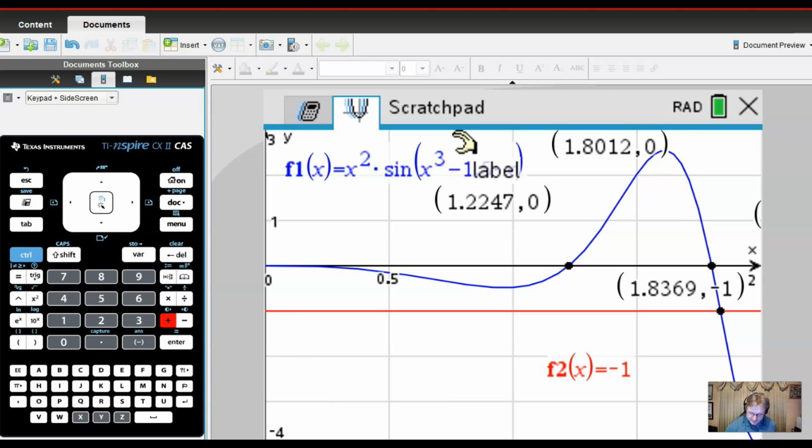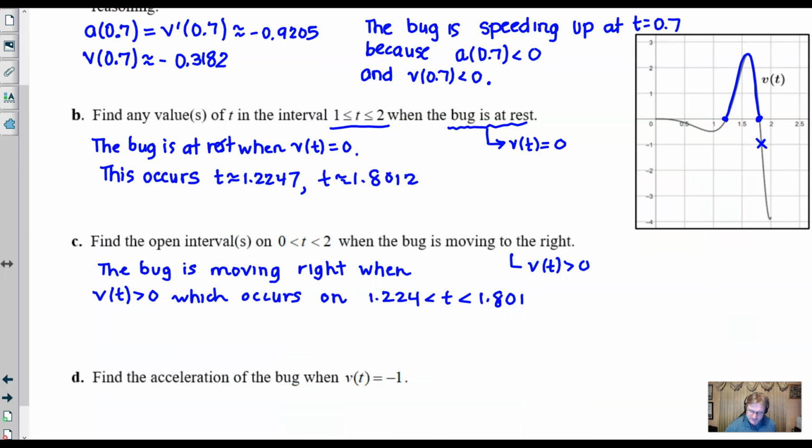Now you want to be careful. Is that our final answer? Well, all we know is that v of t is equal to -1 when t is approximately that number, right? 1.8368 I think we had. Now here's our problem.